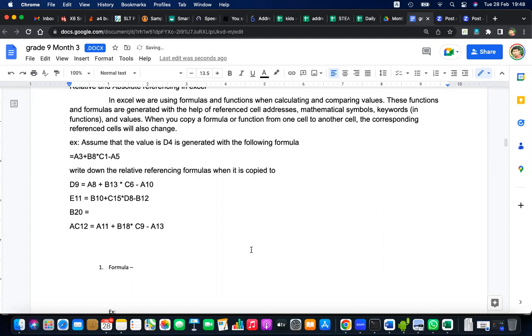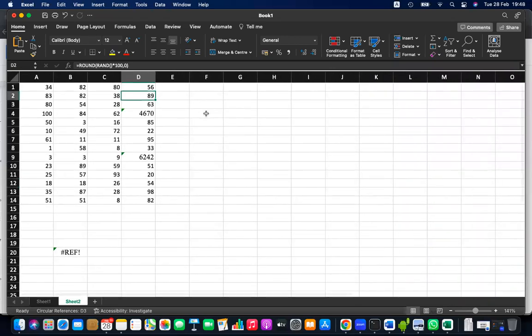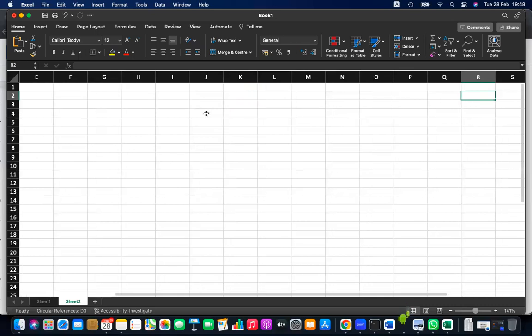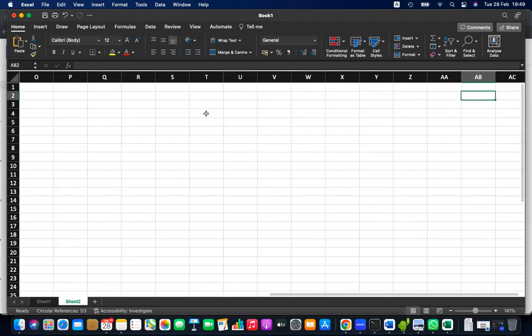But horizontally, how many columns? For D to become AC, how many should we go? Just go and count. It was there in D. 1, 2, 3, 4, 5, 6, 7, 8, 9, 10, 11, 12, 13, 14, 15, 16, 17, 18, 19, 20, 21, 22, 23, 24, 25.